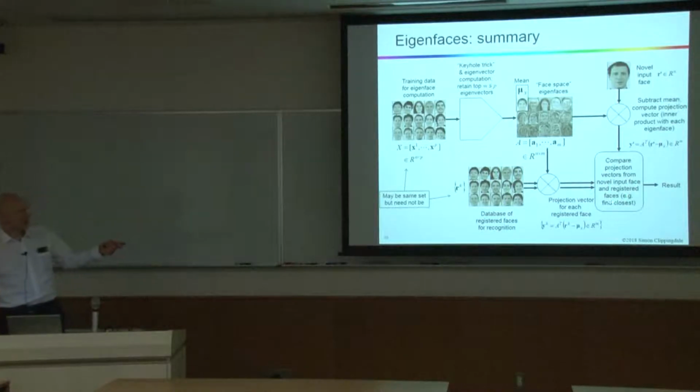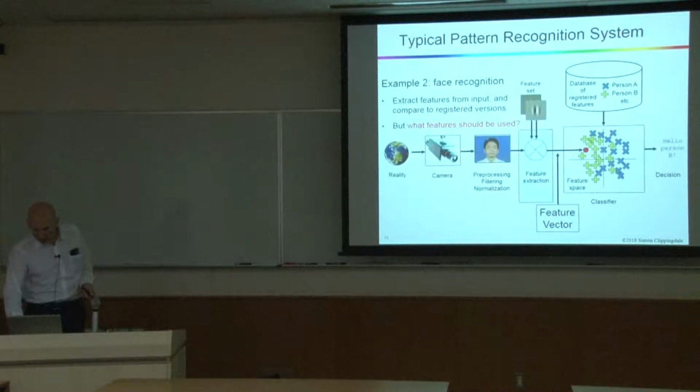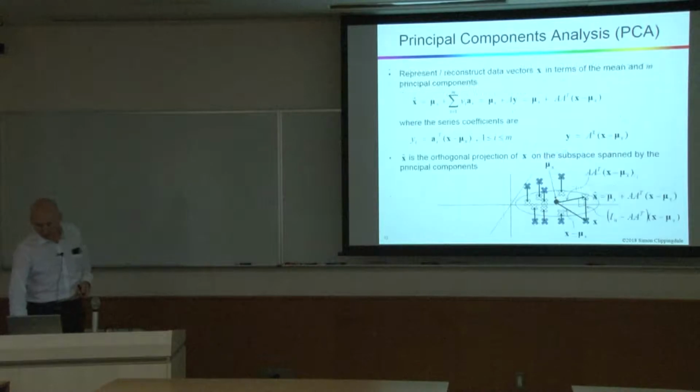And we might find the closest one, for example, as we did in this case. This could, for example, be the weights of the top two eigenvectors in the face space. Okay.